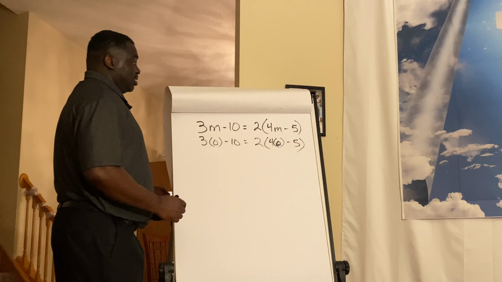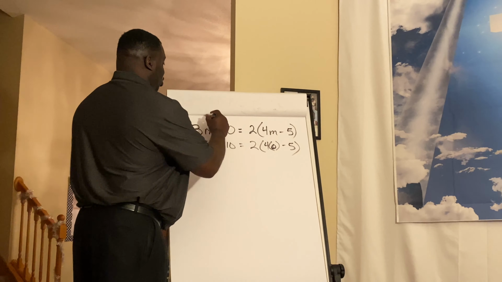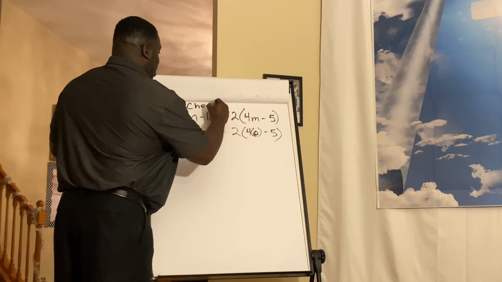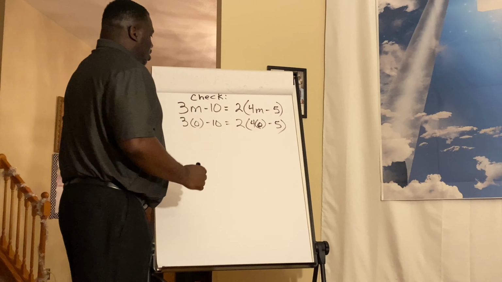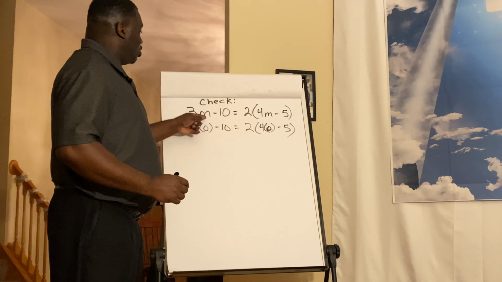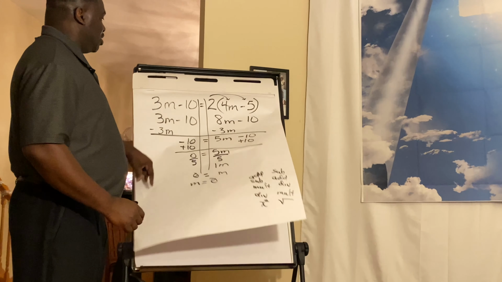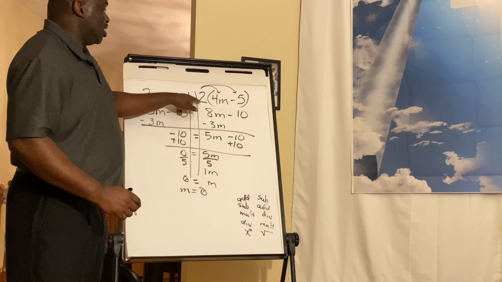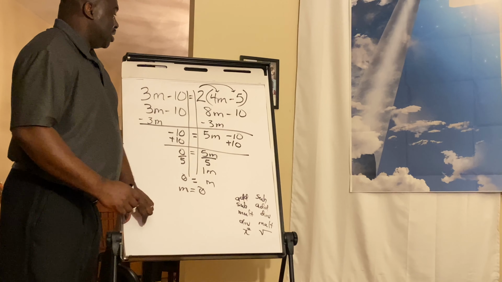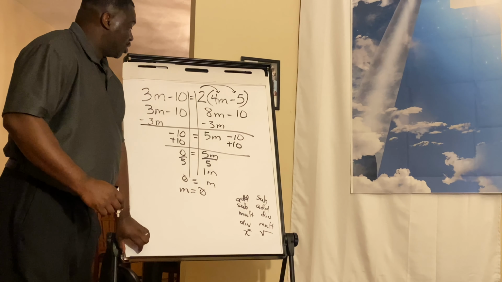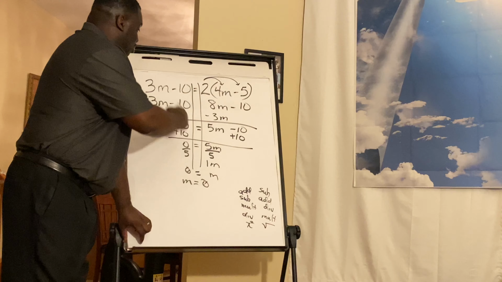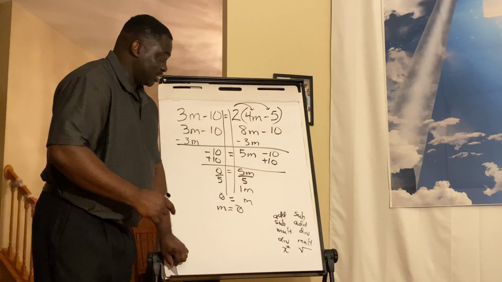We're going to check this problem. Check mode. So now what we do, this is the original problem. If you look back, the original problem was 3m minus 10 equals 2 times 4m minus 5. So we say m equals 0, so we're plugging in 0 every place we see an m.